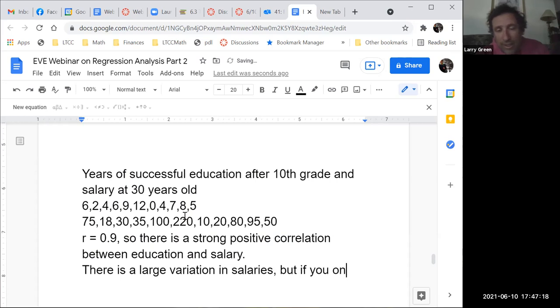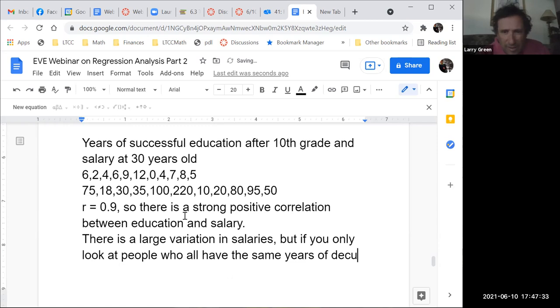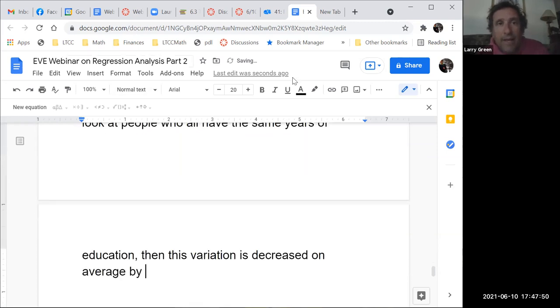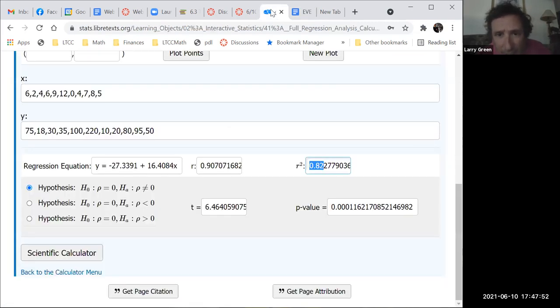But if we only look at people who all have the same years of education, then this variation is decreased on average by, and that was 82%.